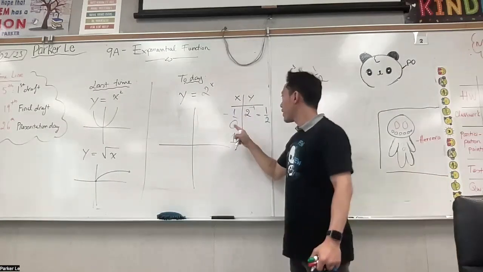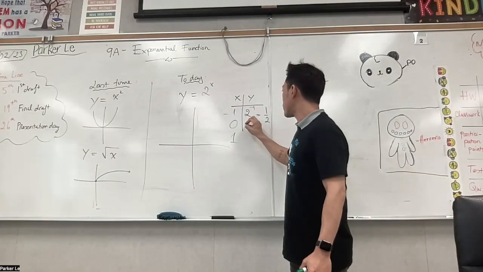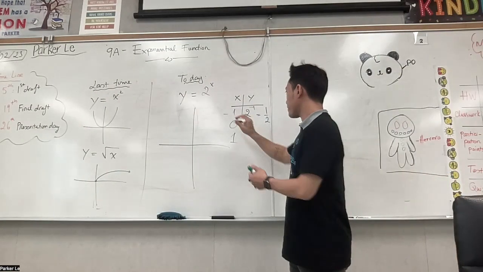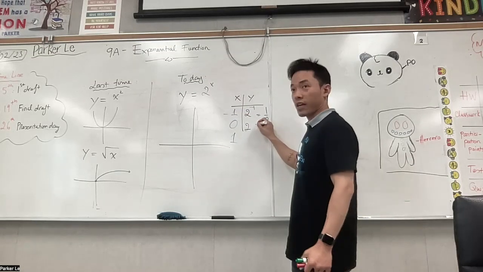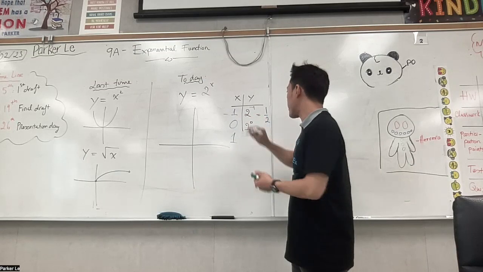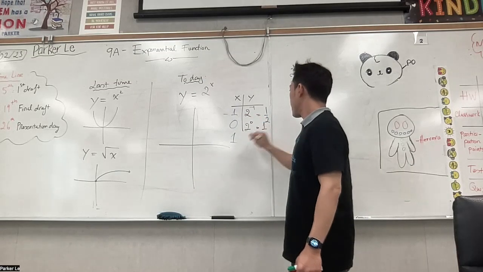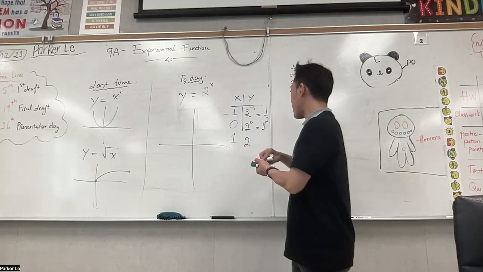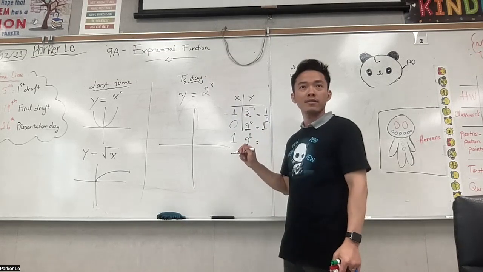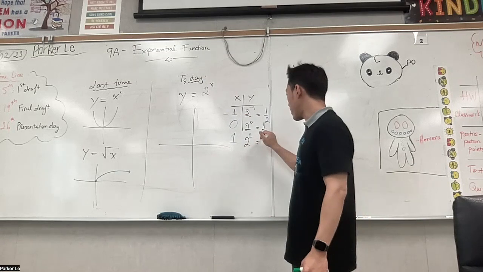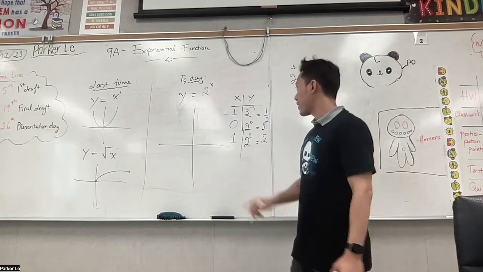All right, next one. 2 to the power 0 is 1. Not 0. Everything to the power 0 is 1. And then last one, 2 to the power 1 is 2. Okay, now you have 3 points.